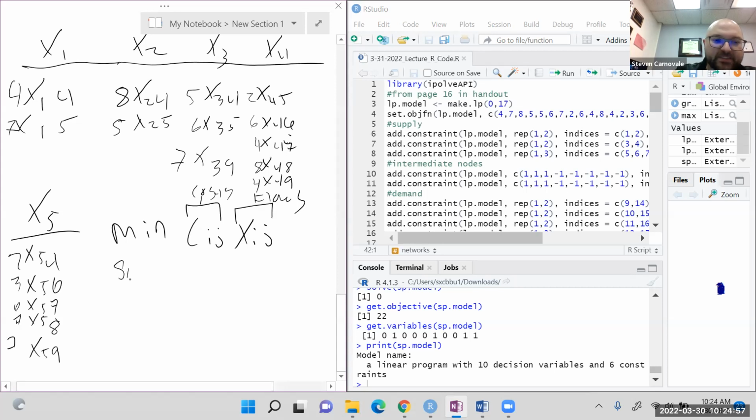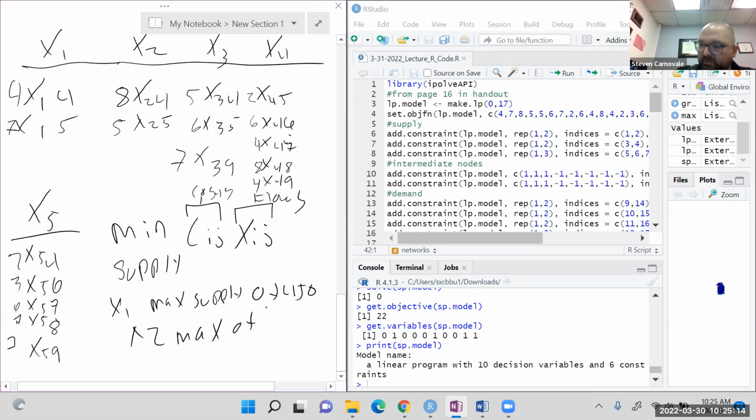But here then I have my supply, which I have my X1 has a max supply of 450, and X2 has a max of 600.